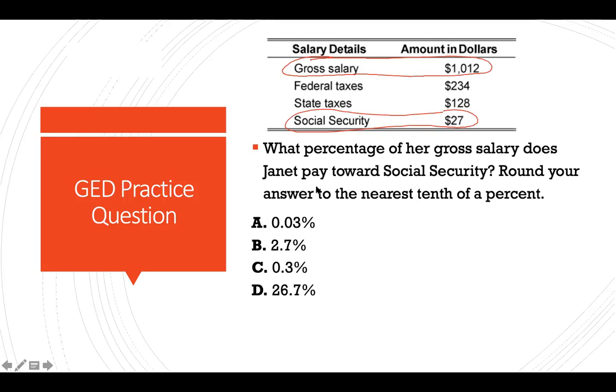Subtract the gross from the Social Security. So this is not a percent decrease problem. We are just trying to figure out the straight up percent that $27 is of 1,012. So we have a couple ways we can set it up.